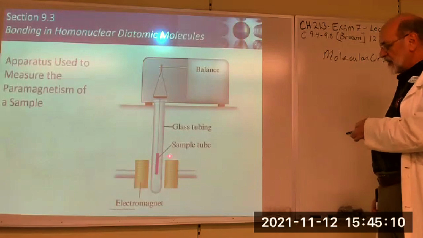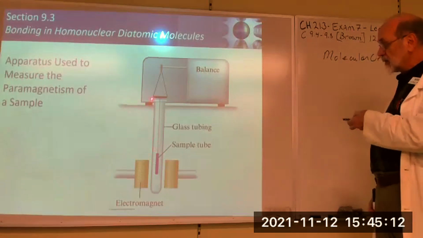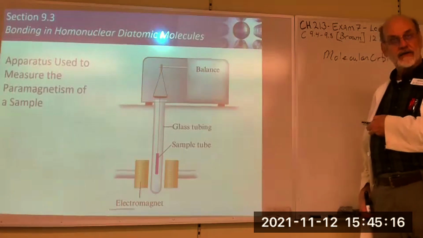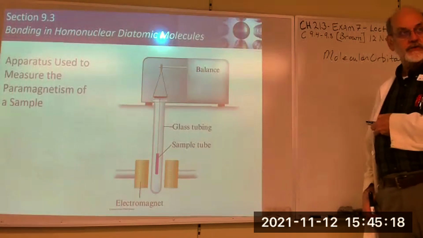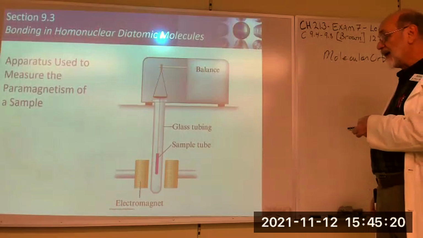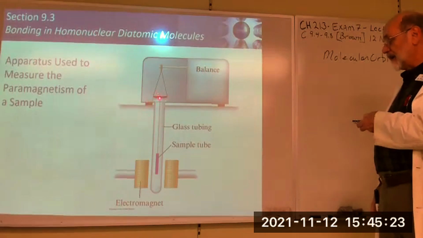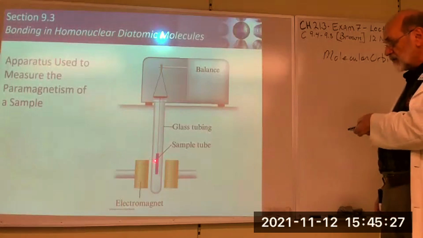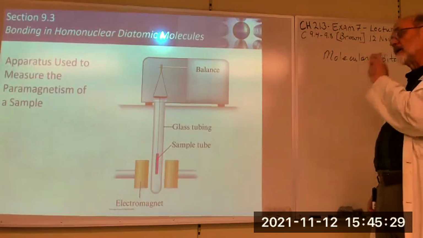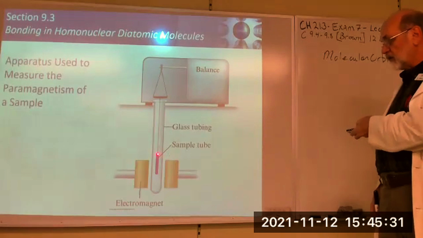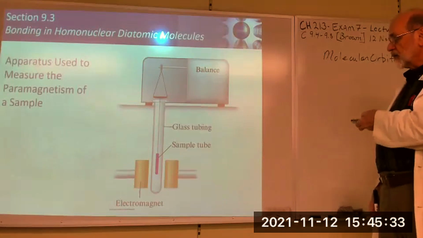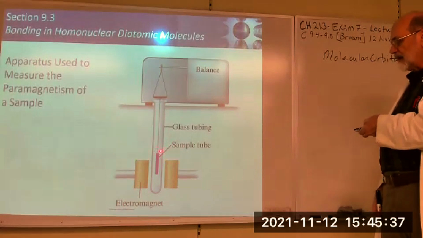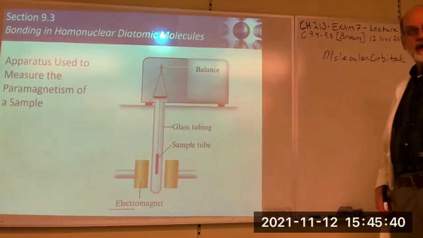As you approach this magnetic field, you can sense a pull on that balance if it's paramagnetic, and measure the force. Whereas if it's diamagnetic, then it'll descend in that magnetic field. Actually, you do feel something. You feel a repulsive force. So you measure an attractive force for paramagnetic and a repulsive force for diamagnetic.